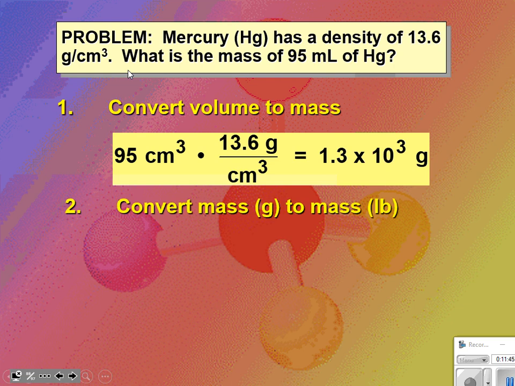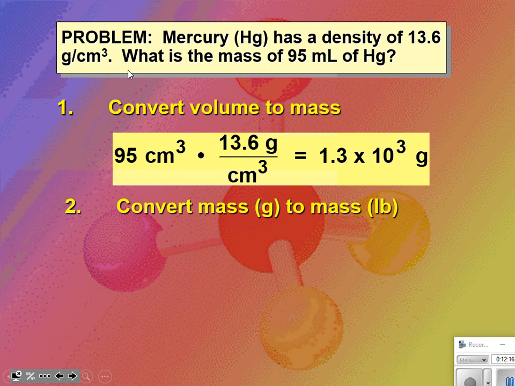Now I need to convert the mass in grams to mass in pounds. So I take the 1.3 times 10 to the third grams. What am I going to put on the top and the bottom of my conversion box? What do I want to cancel?